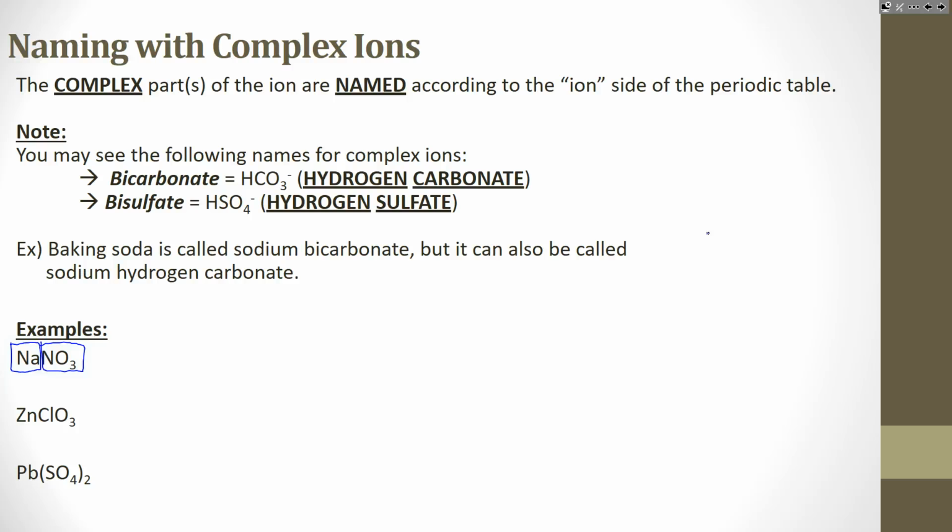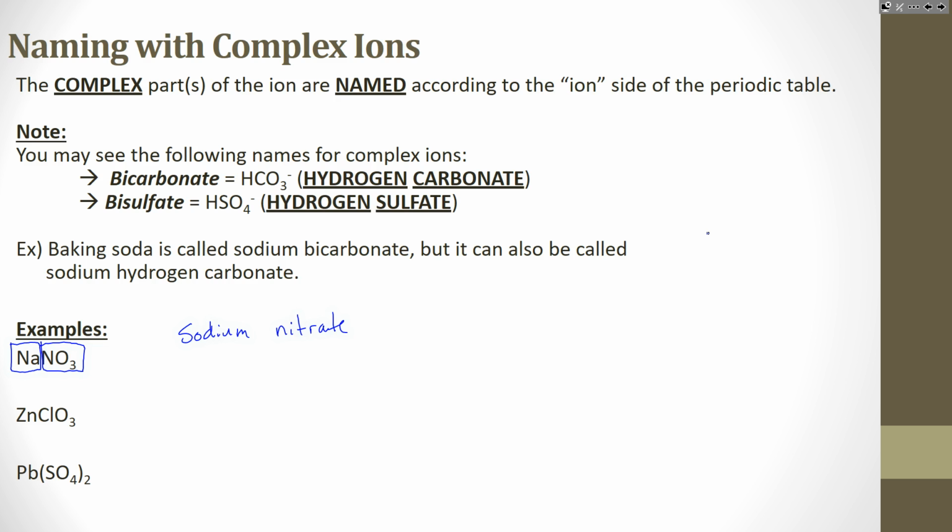So this is an ionic compound, so we don't need prefixes, and we just state the elements that are there. So the first one is sodium. But this second part, this NO3, is a group of atoms that are making an ion. So I look up NO3 on the back of your table, and it's nitrate. So this would be called sodium nitrate.